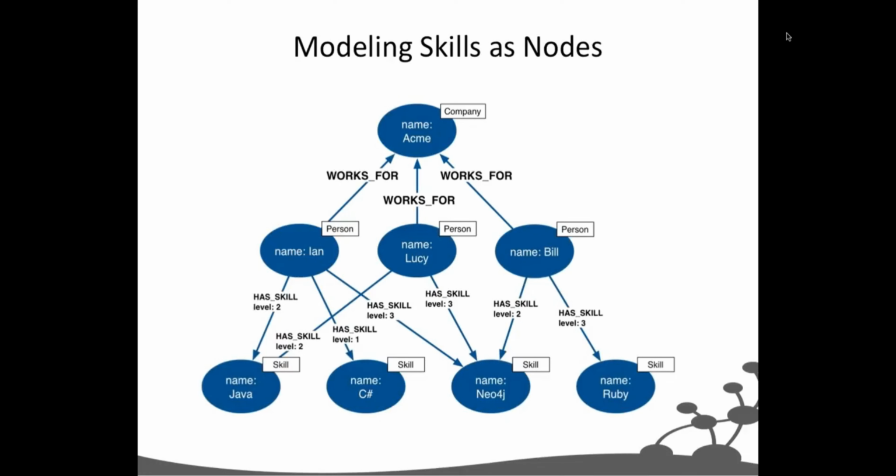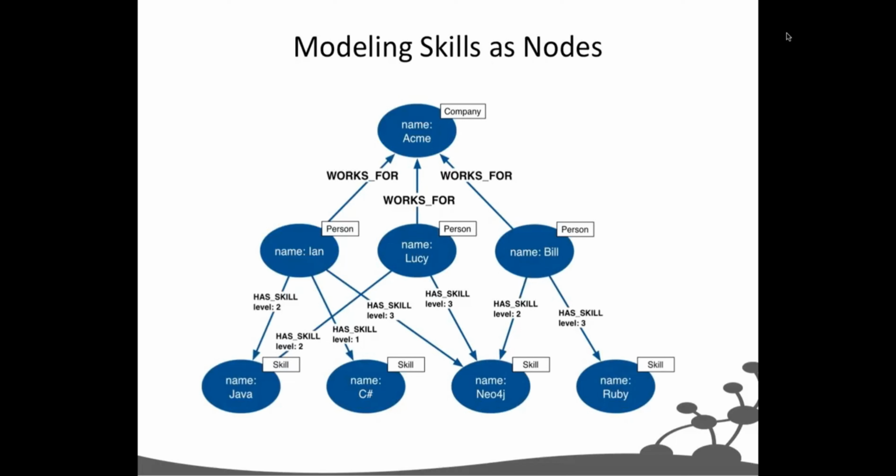that there's something interesting about the way in which each of these skills is related or connected to the people who possess those skills. So I've qualified each of those relationships with that level property. Similarly, a lot of the queries that I want to execute in this particular domain, we're not going to look at those queries during this webinar, but I think they crop up in that previous webinar that I mentioned.